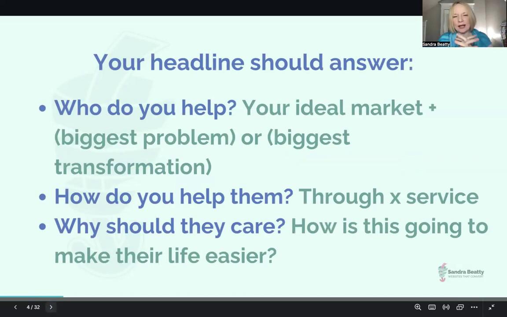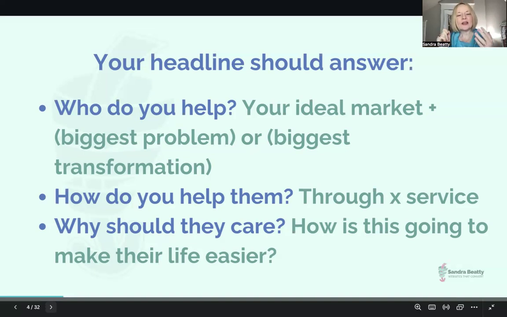Your homepage headline needs to answer certain questions for your visitor. One is, who is it that you help? We're talking about that in two ways: who your ideal market is, plus the biggest problem that market has, or the biggest transformation they're seeking. And this also needs to be something you can help them with.